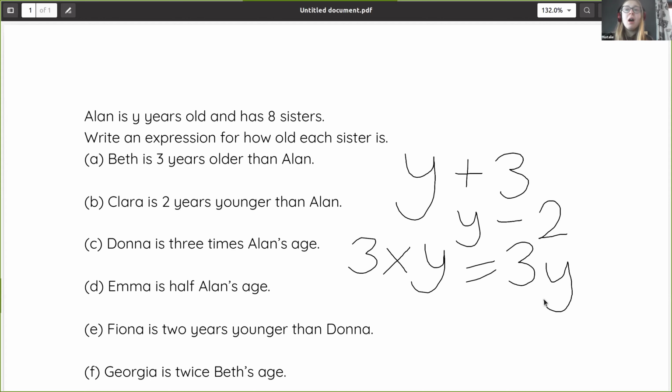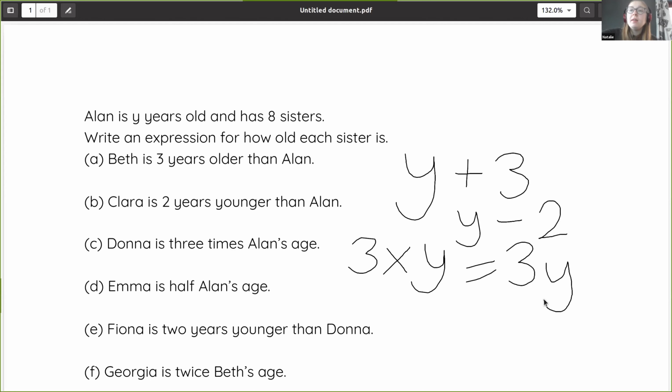Have a go at the next one. Emma is half Alan's age. Half. Have a go. What do you think it would be? Emma is half Alan's age. So we could write this in 2 different ways. We find this in maths. Sometimes we can do things multiple different ways.